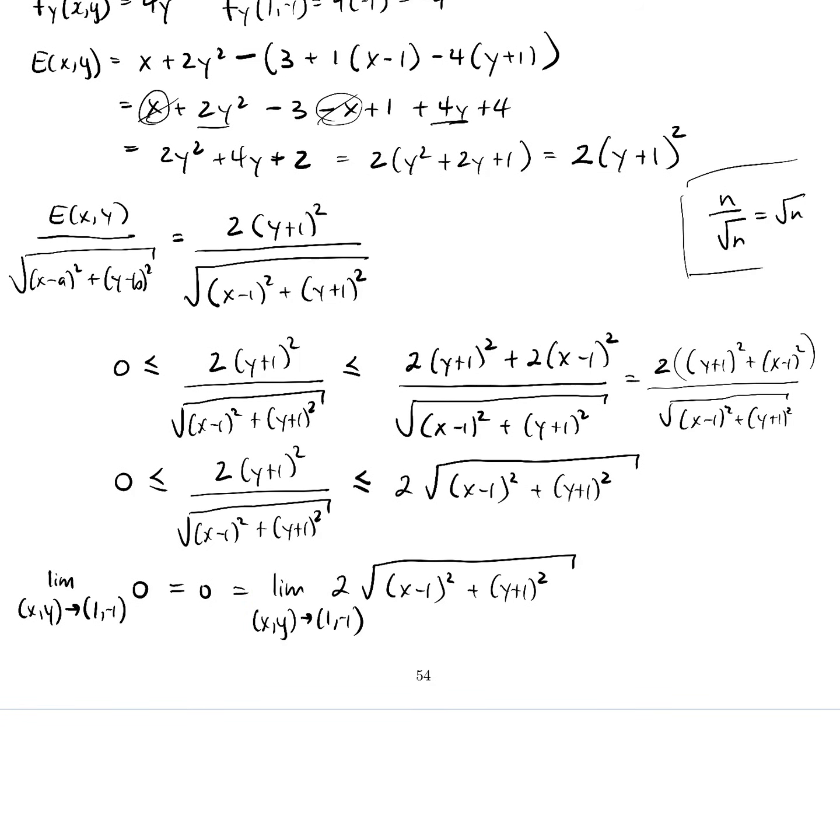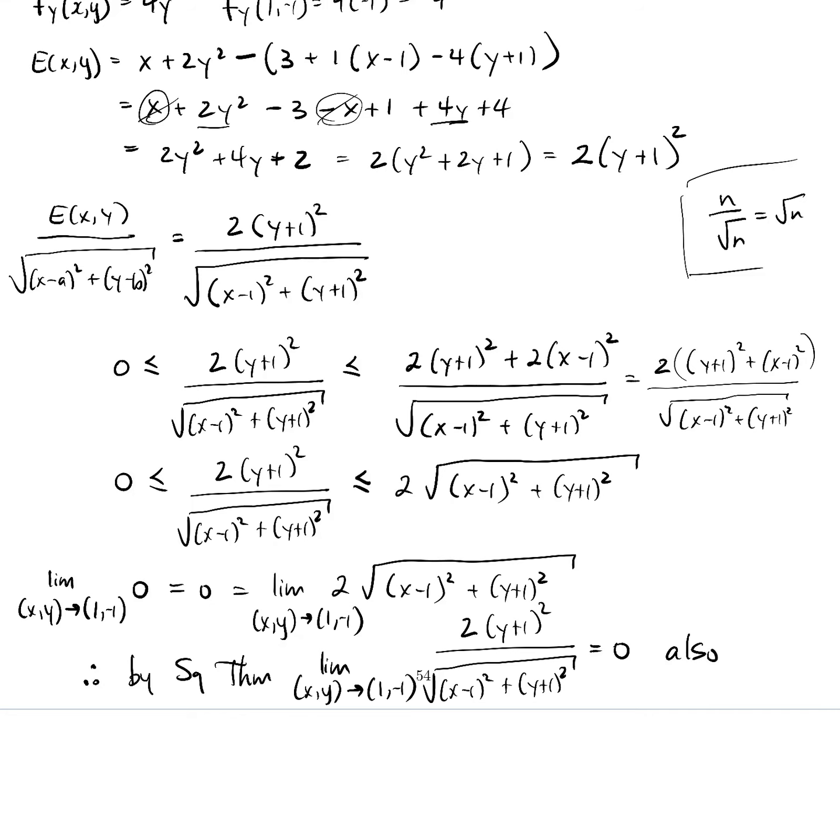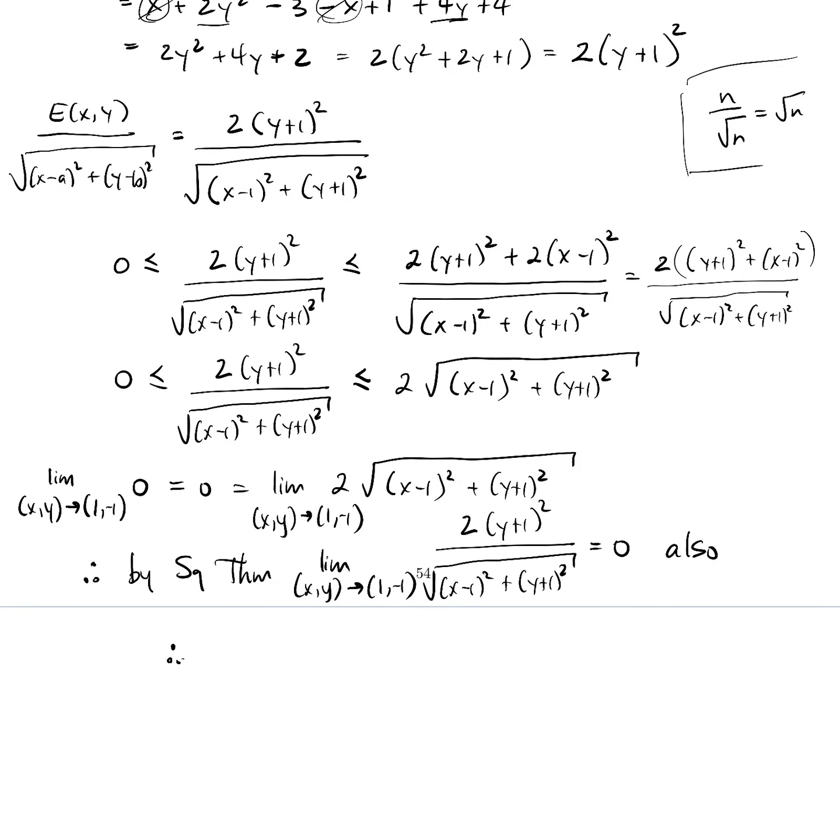And therefore, by the Squeeze theorem, the limit as x y goes to 1, minus 1 of our fraction, which is the error function over the distance, that is equal to 0 also, and therefore our function f of x y is differentiable at the point 1, minus 1.